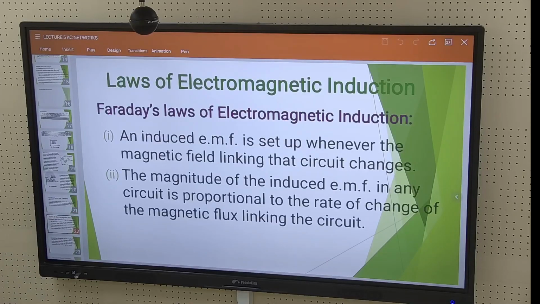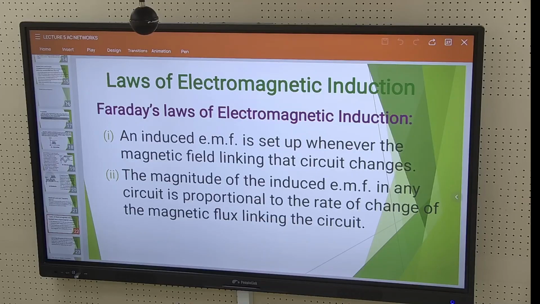Also, we have the laws of electromagnetic induction. These laws state that an induced EMF is set up whenever the magnetic field linking with a circuit changes. When there is a change in magnetic flux linkage, as in a transformer, the EMF is induced in that circuit.